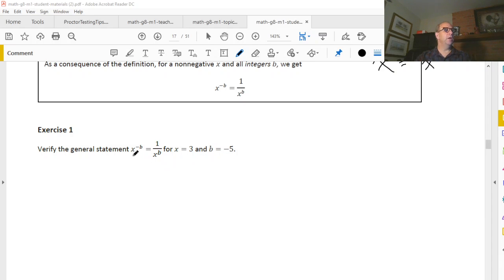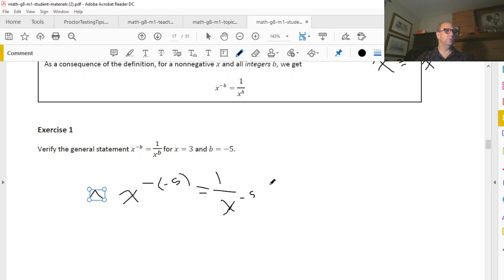So x to the negative b, where b is negative 5, means we've got x to the negative 5, which equals 1 over x to the negative 5, right?